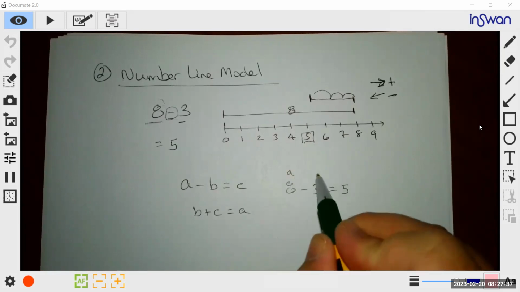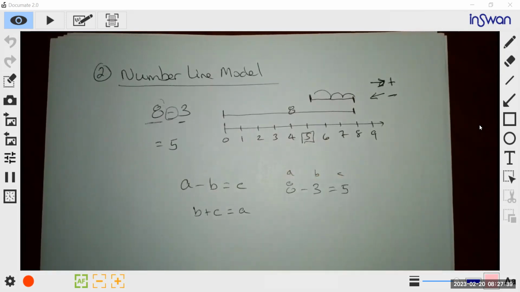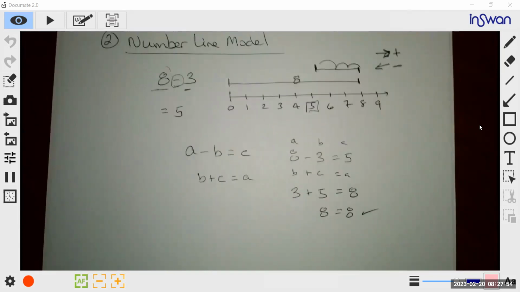This is A, B, C. Then B plus C has to equal A. So 3 plus 5 has to equal 8. And it does. That's how you check your subtraction.